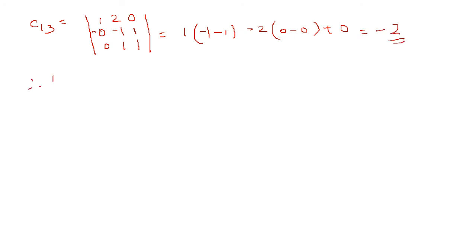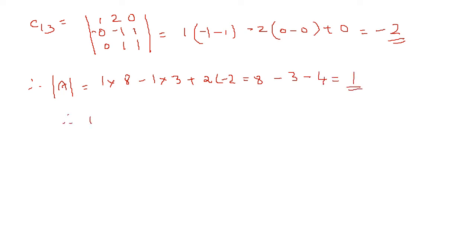Therefore, determinant of A will be equal to 1 into C11, which is equal to 8, minus 1 into C12, which is 3, plus 2 into C13, which is equal to minus 2. So it is equal to 8 minus 3 minus 4, which is equal to 1.